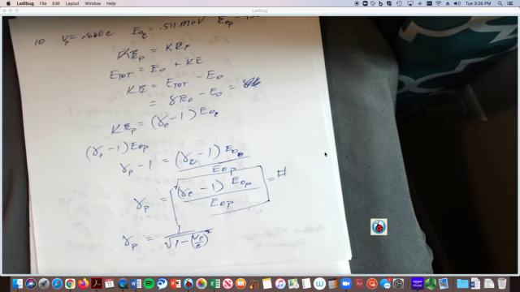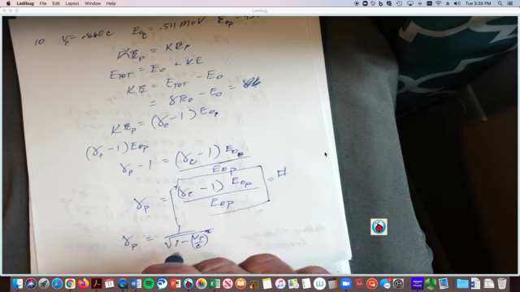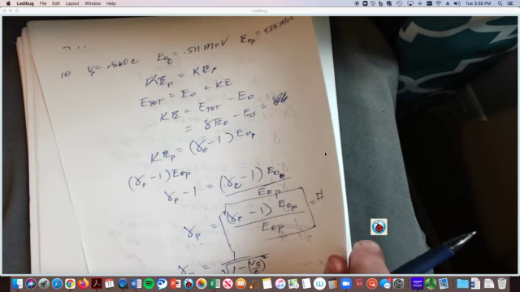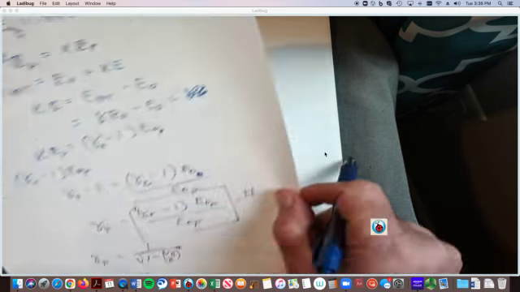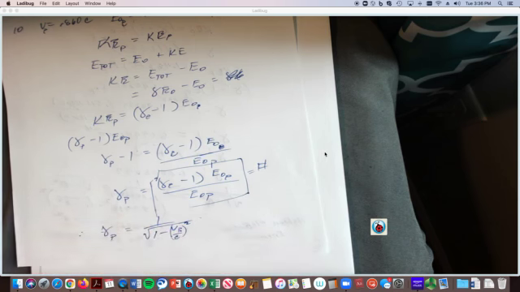Now look what we've got. All we have to do is tease this guy out of here, and that becomes a little bit of an algebra trick. Let's multiply both sides by this and divide by this. Wait a minute, that will get me nowhere.